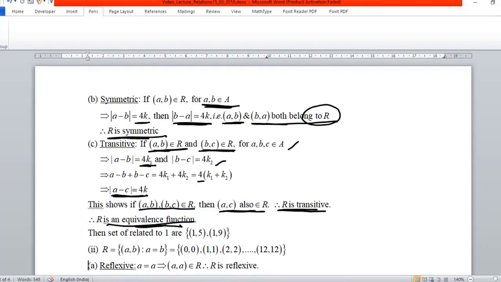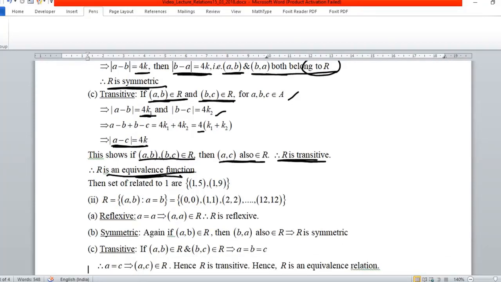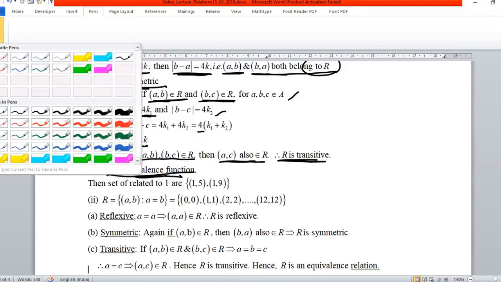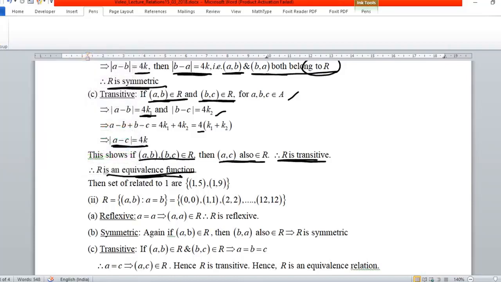Now the question also demanded that we find the set which contains all the elements related to 1. According to the definition, a minus b is a multiple of 4.